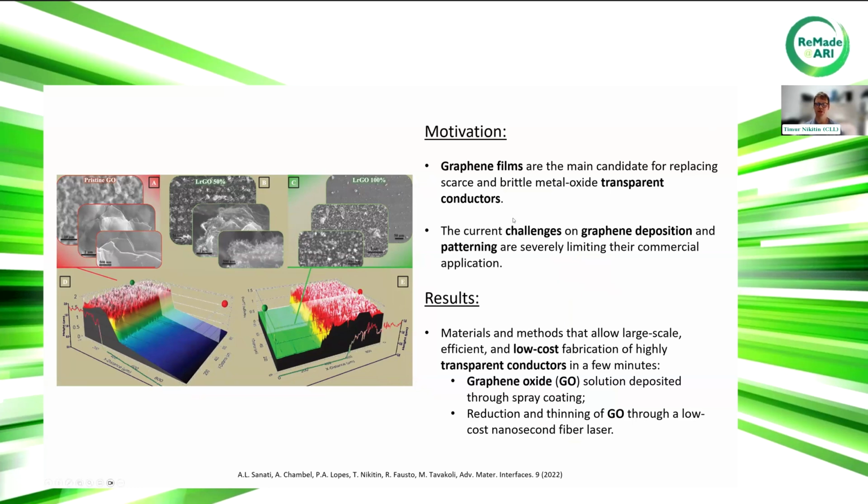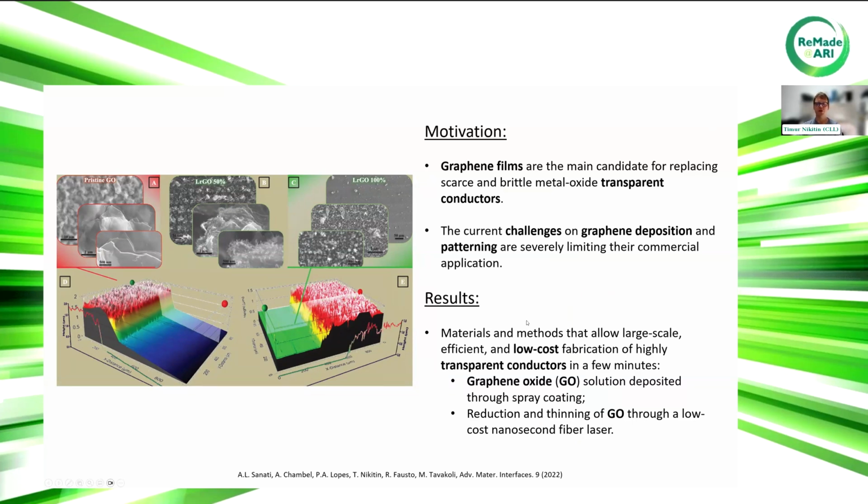The results of this study showed that they were able to successfully deposit graphene oxide through spray coating and then use a low-cost nanosecond fiber laser to do the reduction and thinning of this graphene oxide layer.